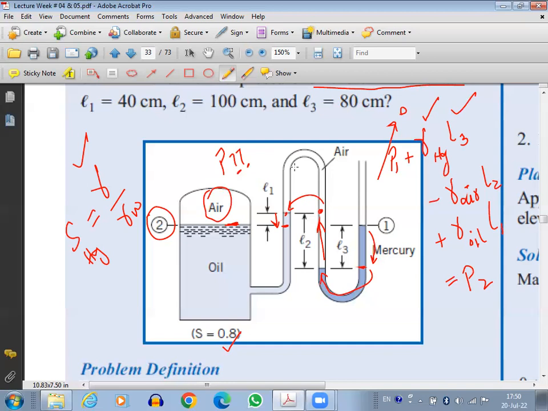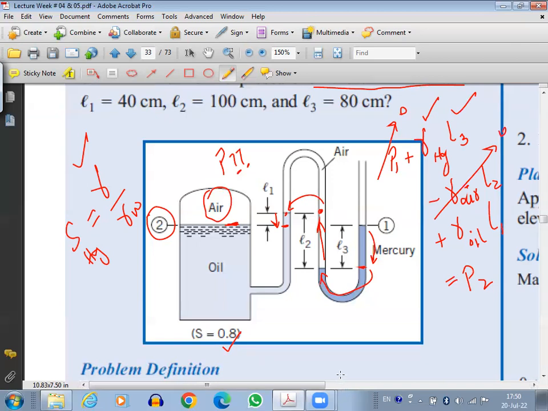Actually, if you know the value of gamma air and it is given in the question, you can use that. That is also okay. But even if you use it, you will realize that the gamma is so small for the case of air that this term is almost negligible. You can, in reality, ignore this term.